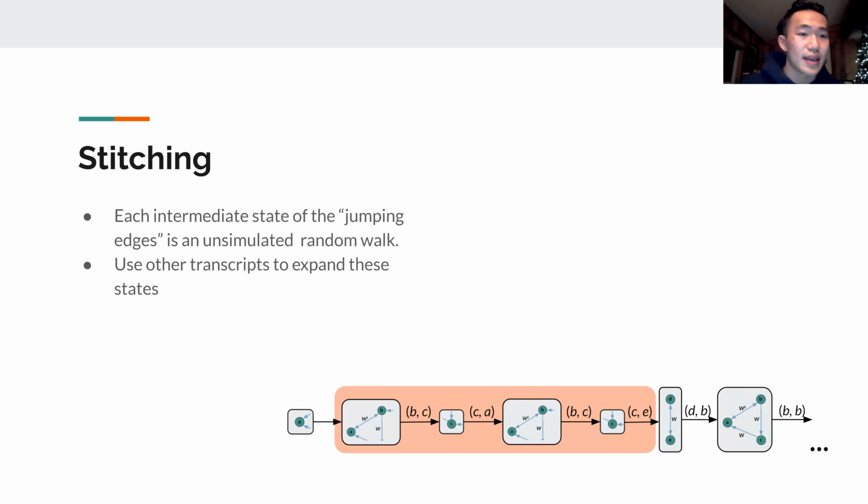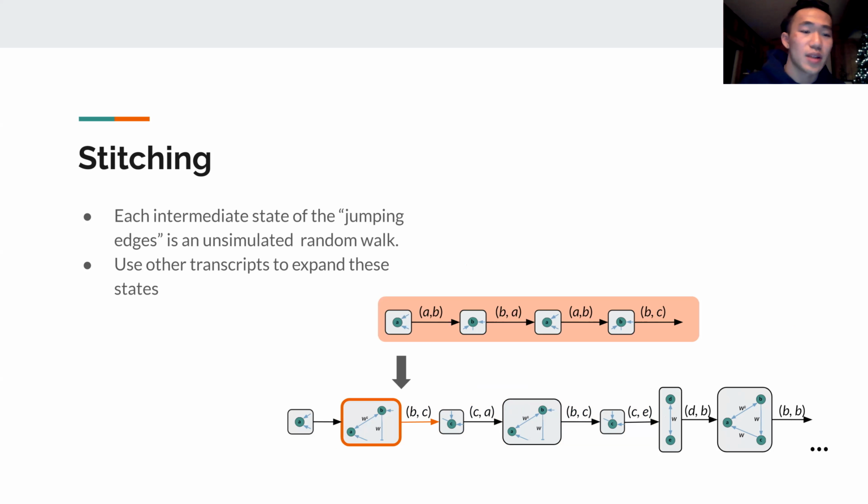Once we splice in our slightly higher resolution random walk transcript, we can then look and say, okay, this part represents bouncing between A and B a lot before ultimately exiting through edge BC. Again, that's a random walk we were simulating in parallel, because this is just another random walk on a cluster in our decomposition with a conditioned starting vertex and conditioned exit vertex. And so again, we can splice this transcript in.